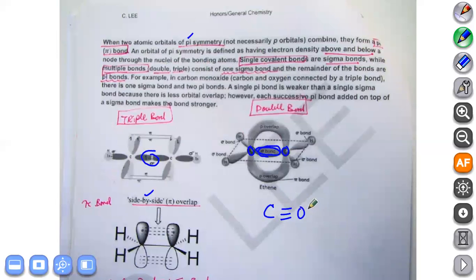Let me just read this. There is one sigma bond and two pi bonds. You would say one sigma, the first one, and then you'd have two pi's. And collectively, you would have a triple bond.